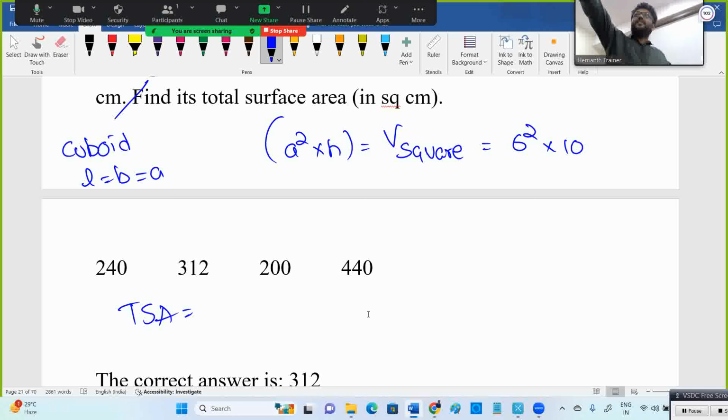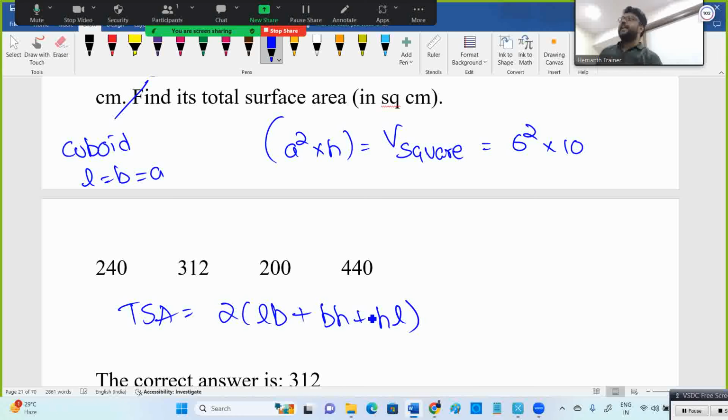Back area is also length into height. Your right side area and left side area are breadth into height. Your bottom is length into breadth. So total surface area is the total outside area: 2 into (LB plus BH plus HL).